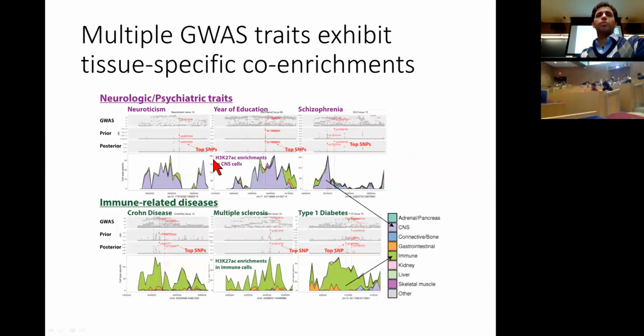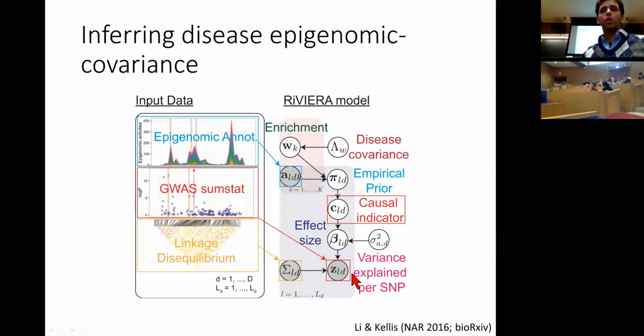You can see here, for example, if you combine multiple psychiatric traits like neuroticism, years of education, schizophrenia, you have this very strong enrichment for CNS. And if you start combining Crohn's disease, multiple sclerosis, and type 1 diabetes, again, you have this strong enrichment for immune traits.